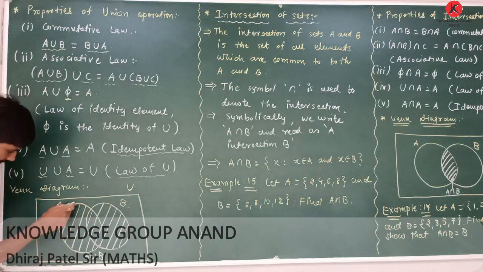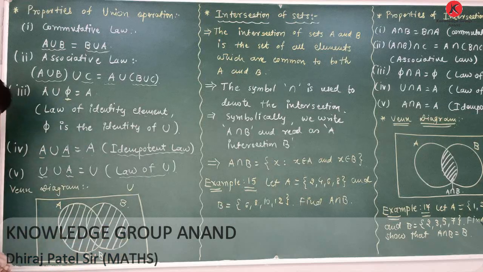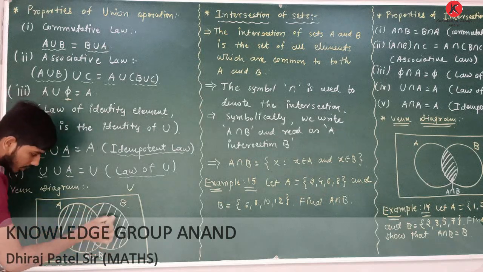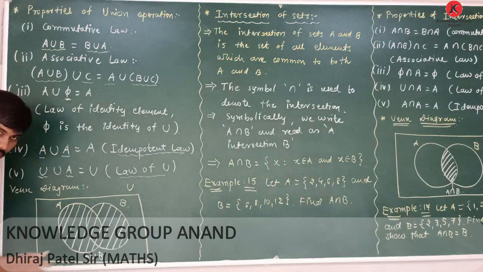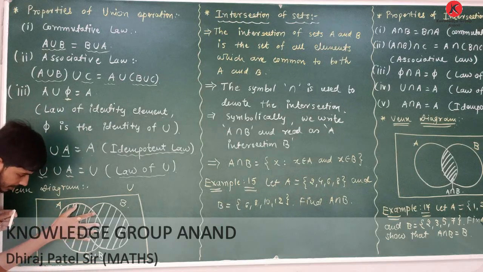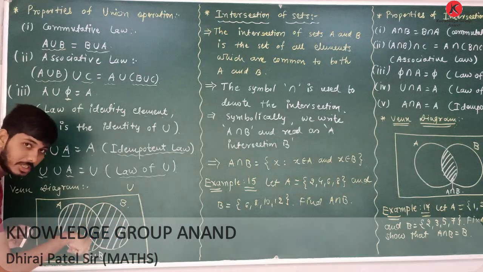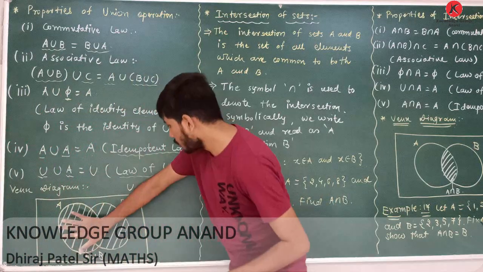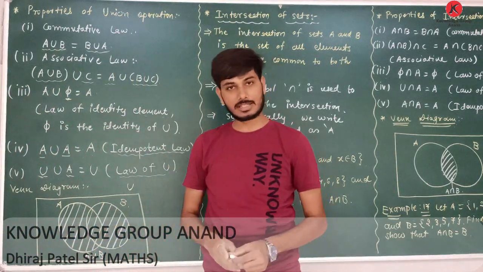Next, this is our set A and this is our set B. The portion which is represented by this line is the portion of A union B, because all the elements of set A as well as all the elements of set B represent our A union B. Therefore, this portion represents A union B here. Is it clear?